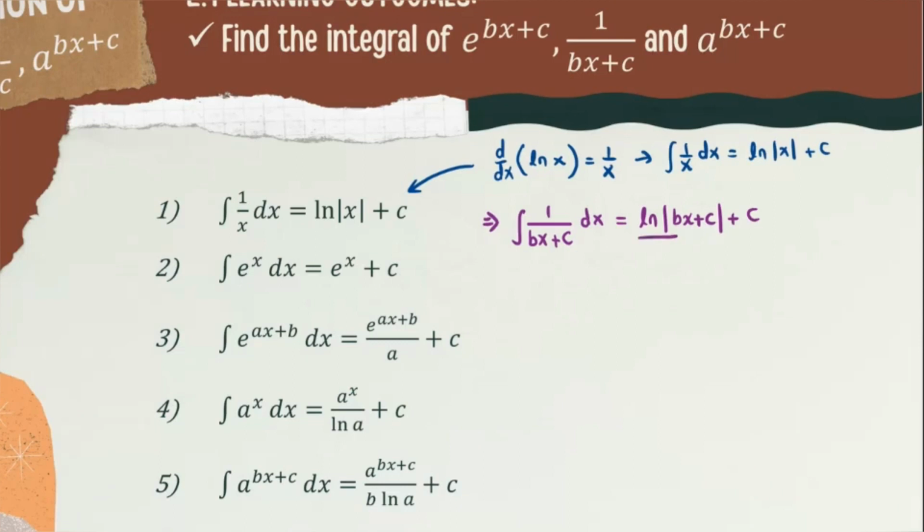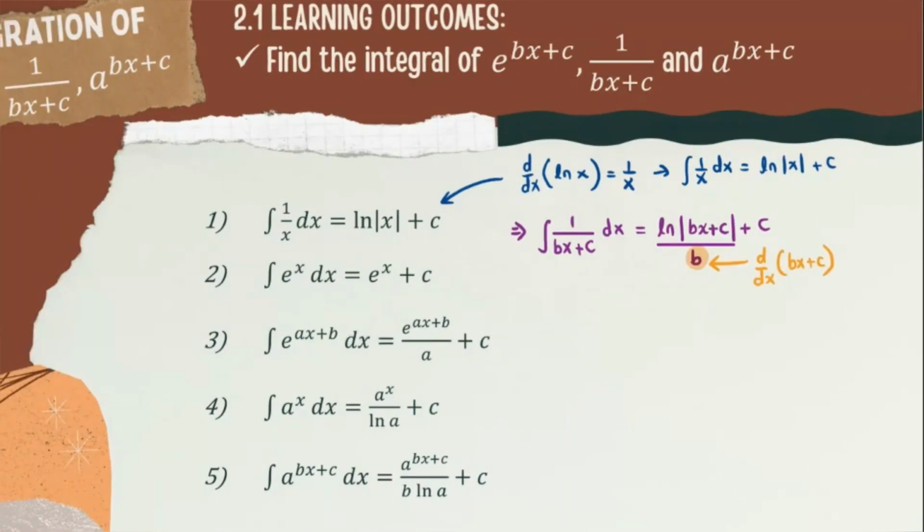Tapi akan dibahagikan dengan b. Kenapa kita bahagikan dengan b? Sebab kita differentiate bx plus c. Boleh ke untuk first rules ini?